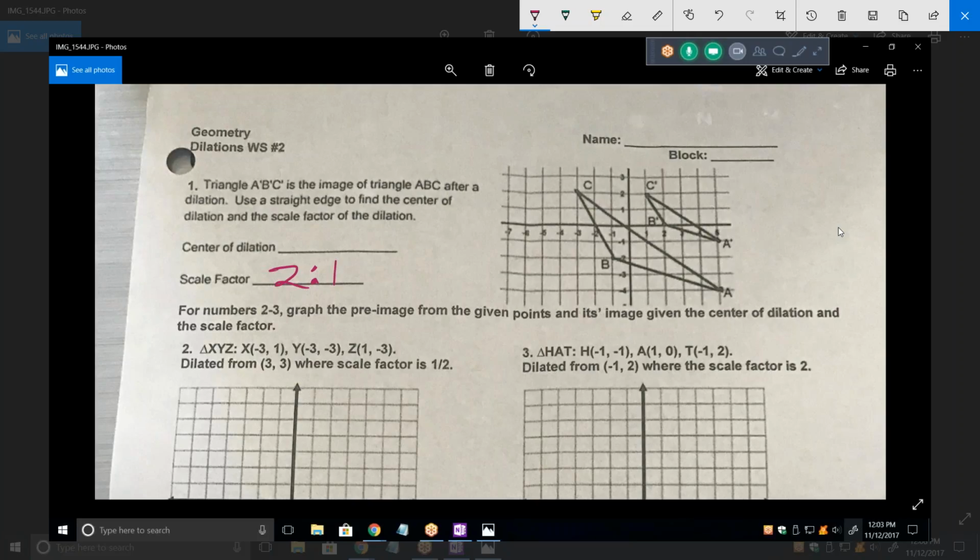In other words, if there wasn't the scale factor, this other triangle would look like this, other than the fact that it's been scaled down. If it looked like this, the distance between that point and that point is 4 units to the right. And that is what happens to C also.